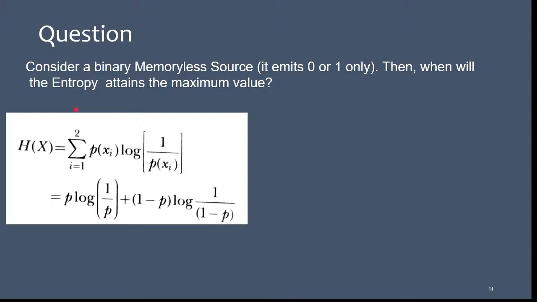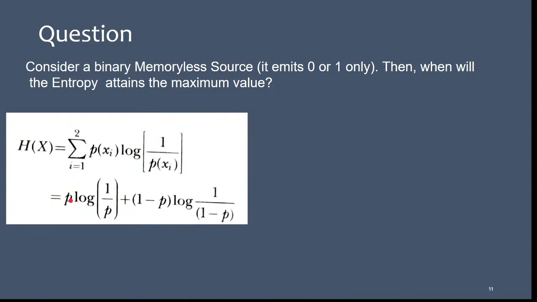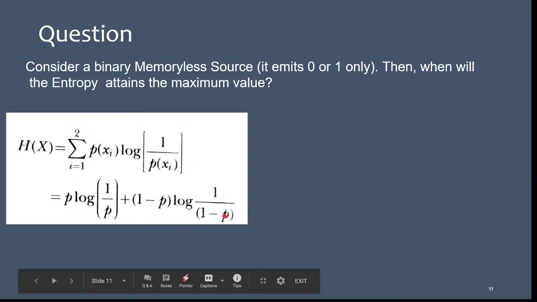The question is when this entropy will attain the maximum value. So what you need to do is find the entropy for different values of p, and see for what values of p your H of X becomes maximum. Let us start from 0 itself, maybe, or 0.001. If p is equal to 0.001, then you find this term and the 1 minus p term, 1 minus 0.001 times log 1 by 1 minus 0.001.